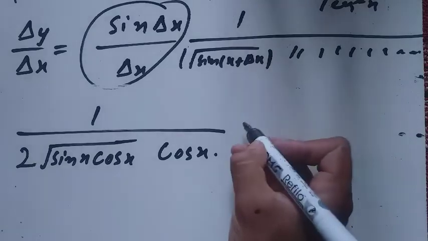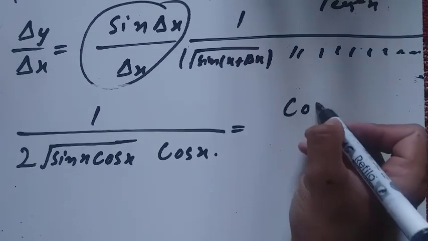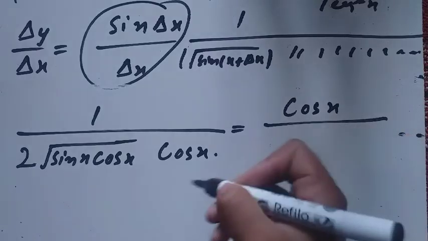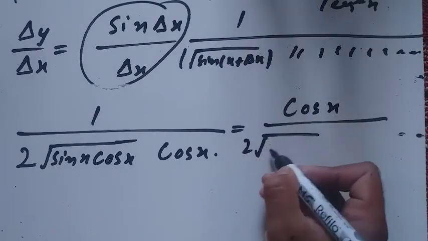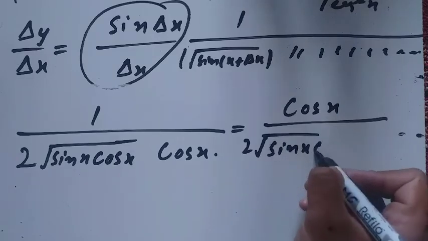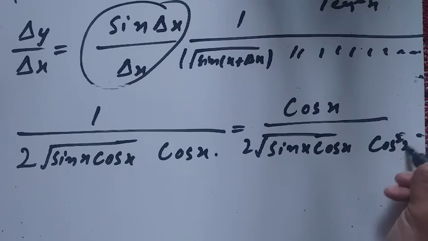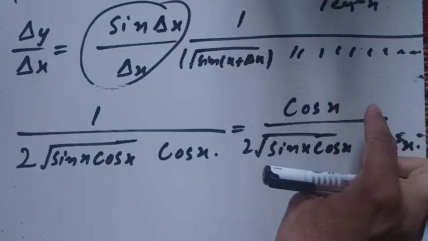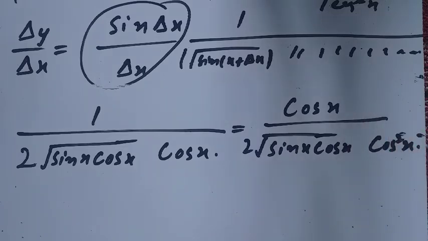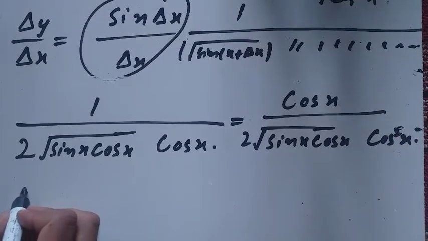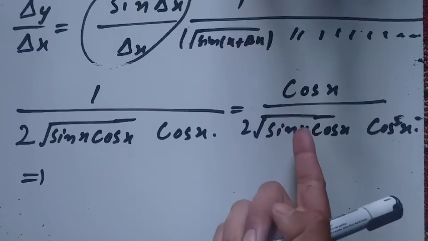Now let me write this step, that is I will divide and multiply both sides by cos x. This becomes twice under root of sine x cos x and cos square x. All right, because I divide and multiply both numerator and denominator by cos x. Now let me write this step in this way.